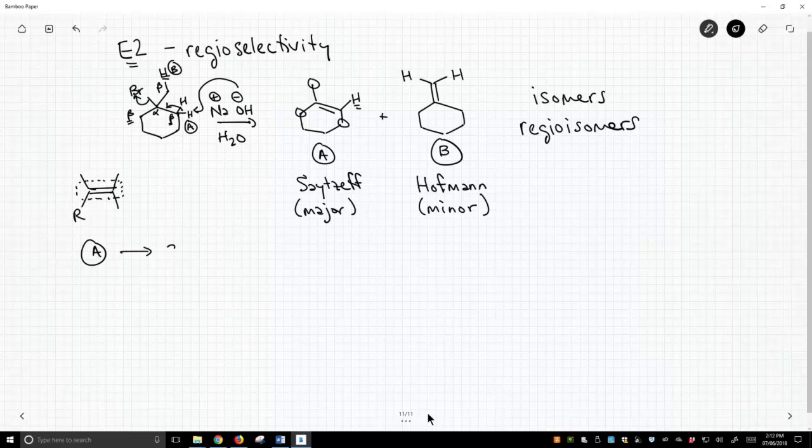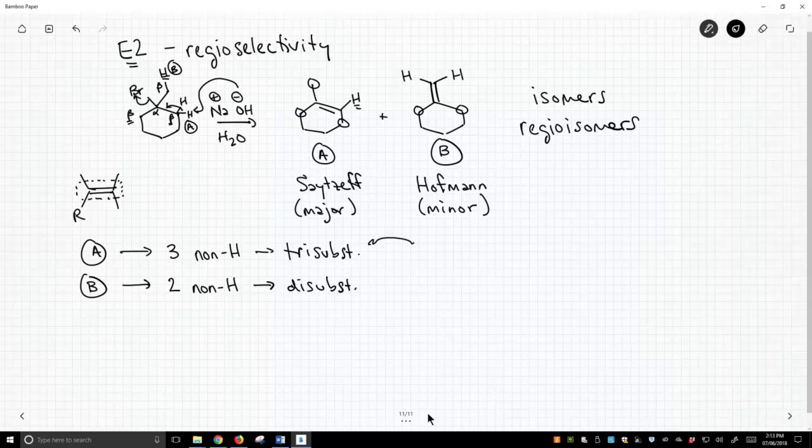So it has 3 non-hydrogen groups on the alkene. That makes it a trisubstituted alkene. Compound B, on the other hand, has 2 non-hydrogen groups attached to the alkene carbons, 2 non-hydrogens, therefore 2 hydrogens. And so this is a disubstituted alkene.